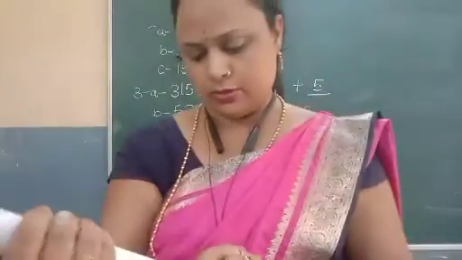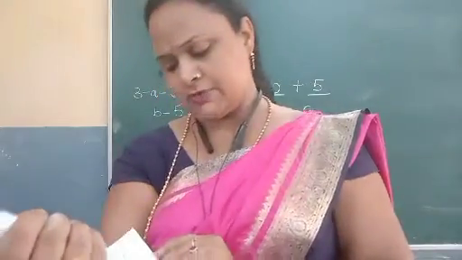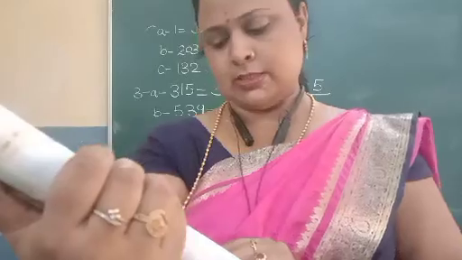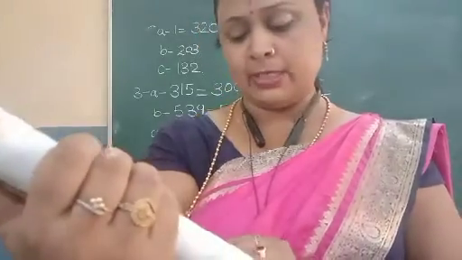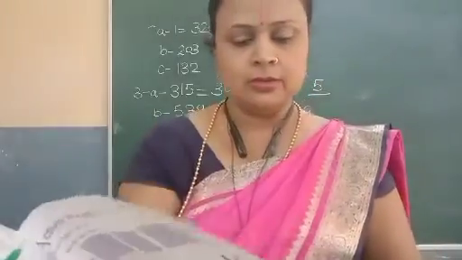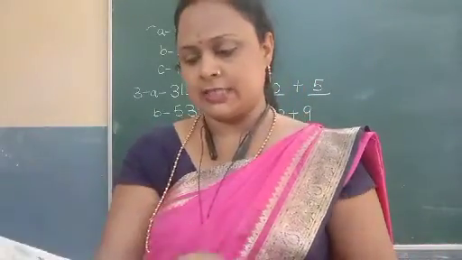So correct answer is here 462. Okay. So encircle this number in your book. Write the number which has 4 tens and 200 ones. So you can write here the number 240.